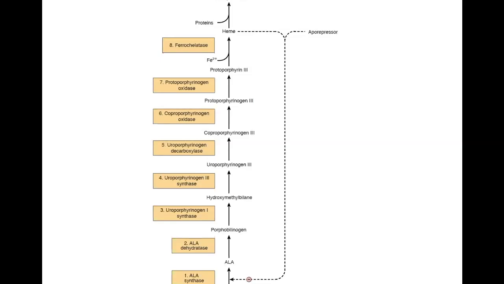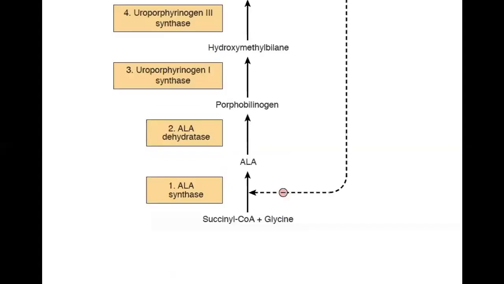Succinyl-CoA plus glycine, that is the start of heme synthesis. Now zoom into the topmost. You now have heme. Once heme binds with a protein, it is known as a hemoprotein. No need to rush. Now let's zoom into this. I hope that's much better.